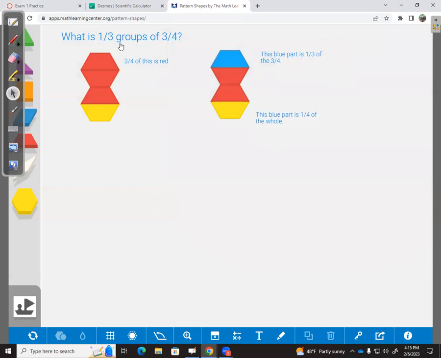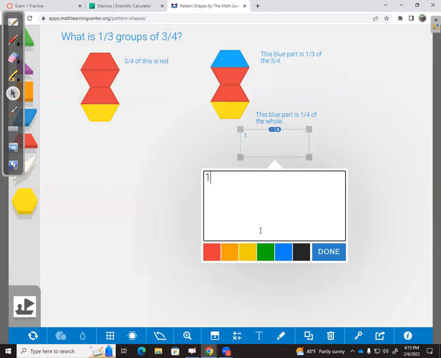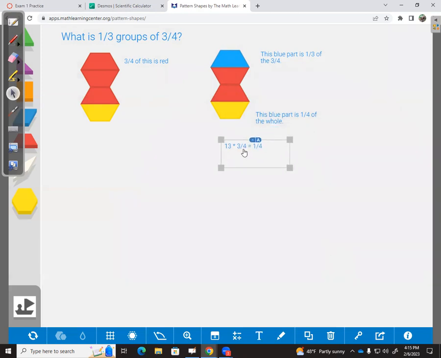So this tells me that 1/3 times 3/4 is 1/4. And that's the idea of playing with groups of.